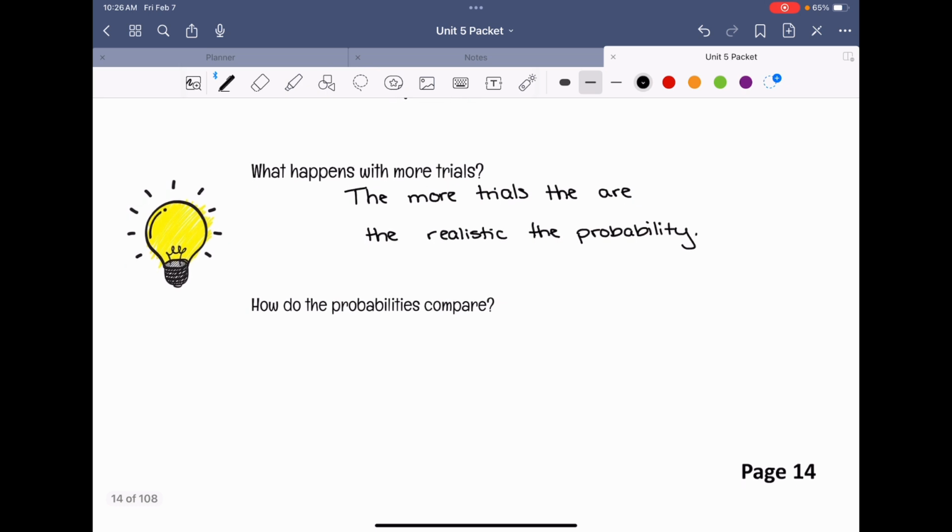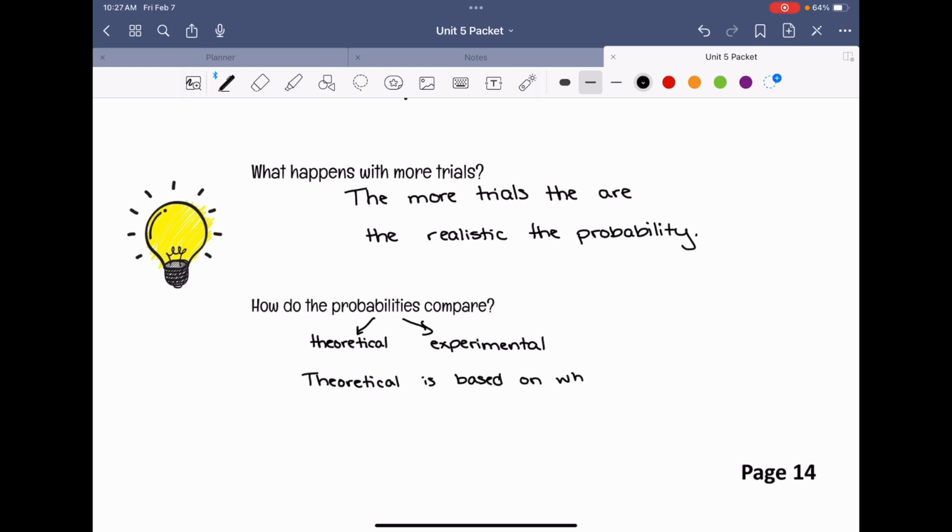And how do the probabilities compare? Well, the probabilities that we're talking about to compare are the theoretical versus experimental. Theoretical is based on what we expect to happen in one trial.